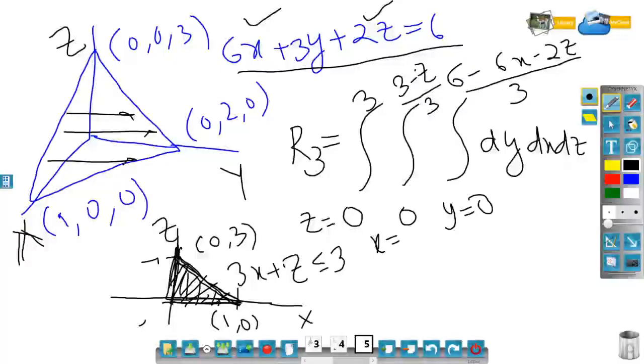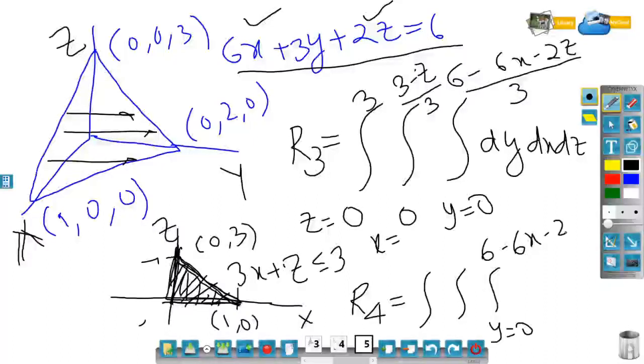Well, similarly I can find out R4. So R4 again, y goes from 0 to (6 minus 6x minus 2z) upon 3. It is dy. And now dz dx I need to find out.